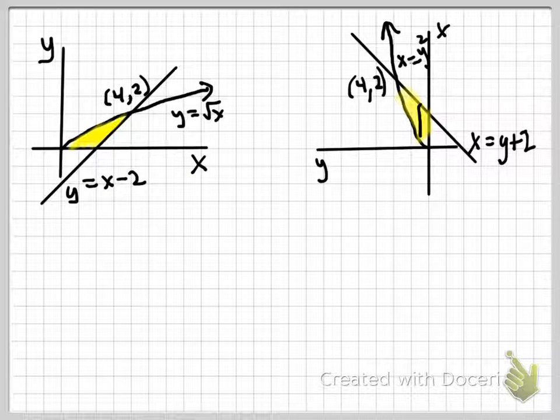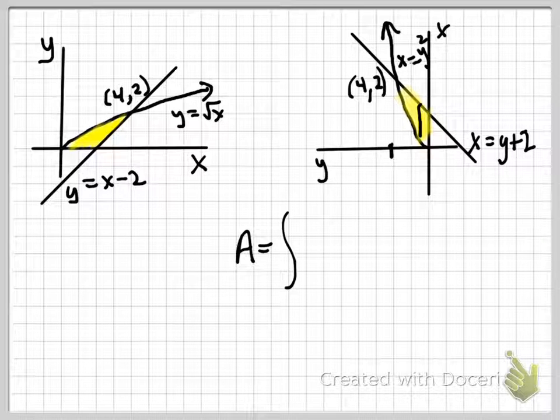And so now, how would we integrate with respect to y? Well, our area would be equal to, now we want to look at the boundaries on the y-axis, and that would go from 0 all the way up to that point, which is 2 on the y.